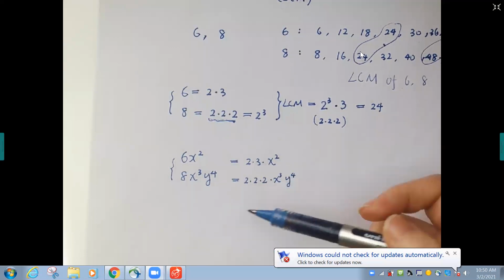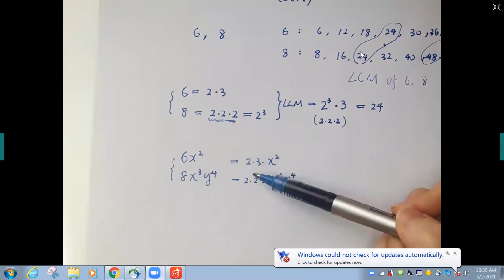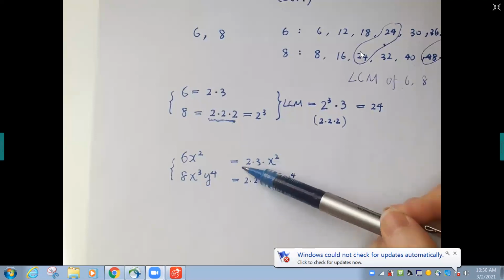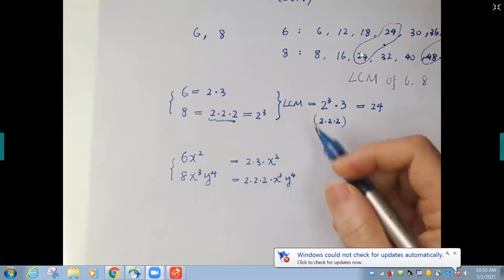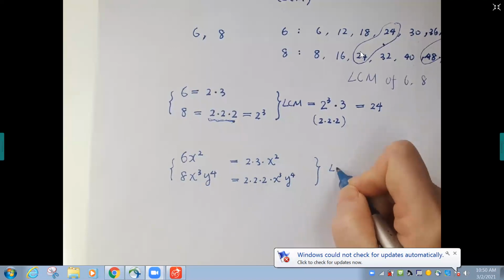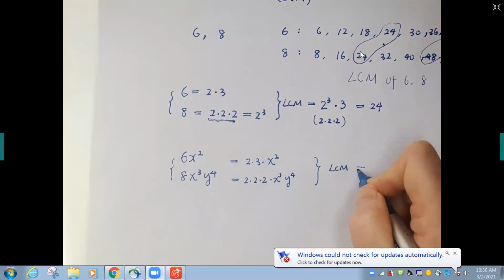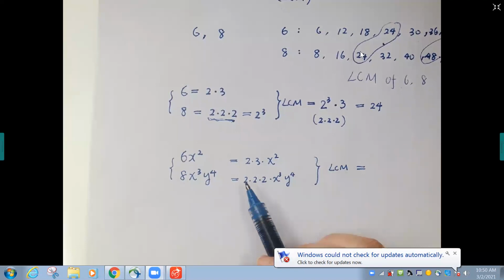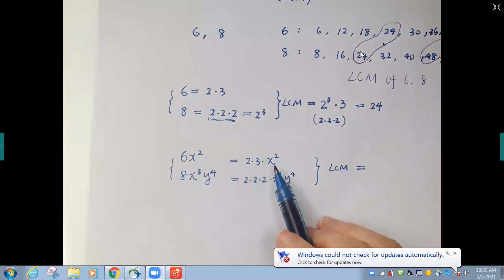Same thing as we did before. For a monomial, the only thing we need to factor is the coefficient. Then we are ready to write down their least common multiple. Follow the same way as we did before. I go through the entire number and use every single factor, the maximum times it appears in each factorization.